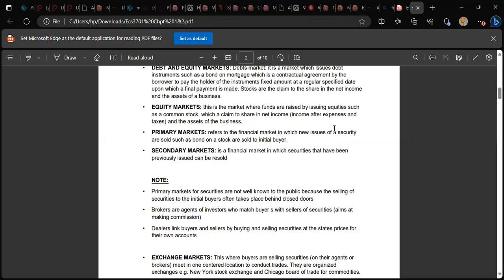Because this is where a new issue of a security is sold. So whenever, say, Vodacom has a new investment that they want to pursue and they seek to raise funds, they have the option of going to the primary market, because that money goes directly to the issuer, right?